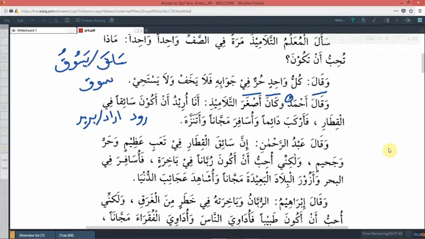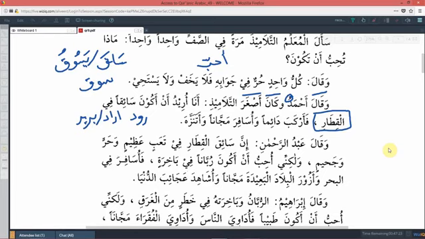Ana uridu, or he could have said, Ana uhibbu, like the title, uhibbu an akuna sa'iqan. I want to become a driver, fil qitar, in the train. We had that in our previous lesson.